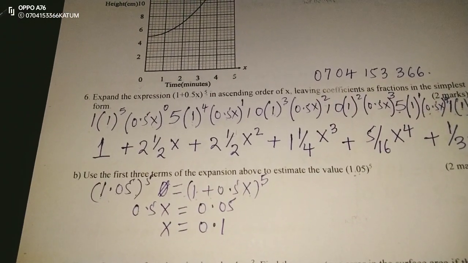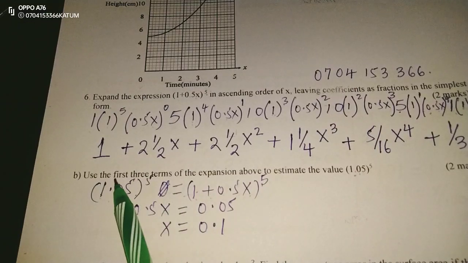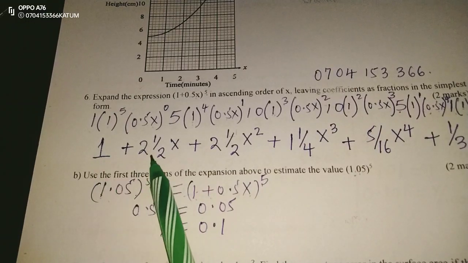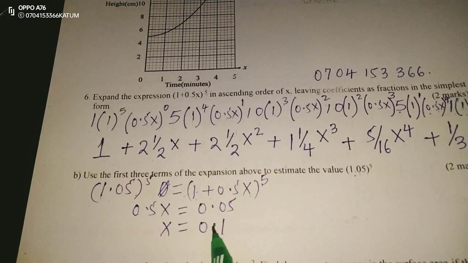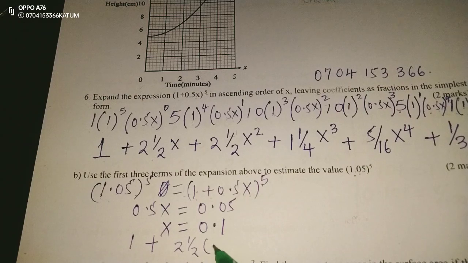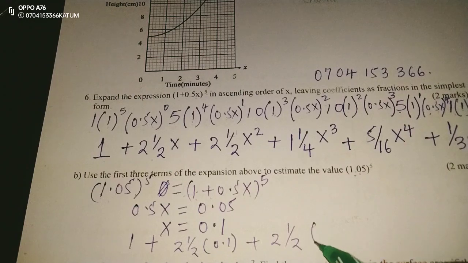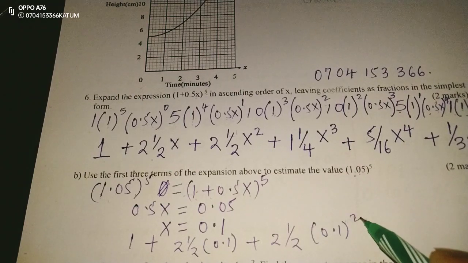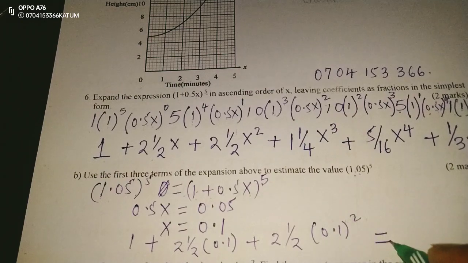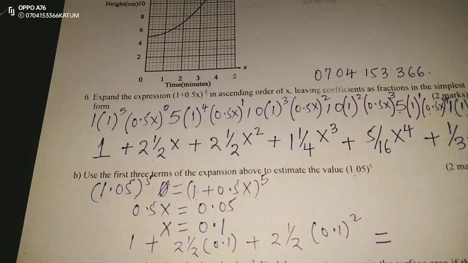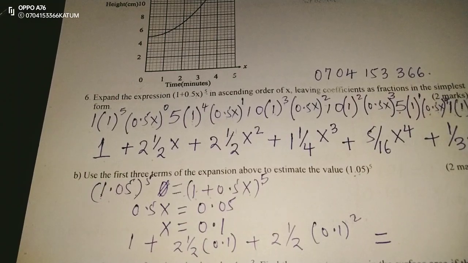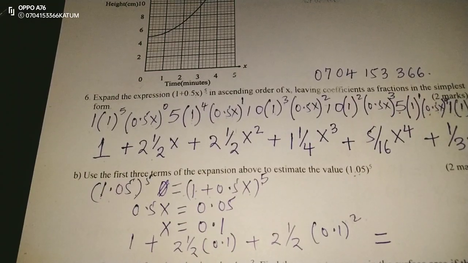Now, after getting the value of x, we are to use the first three terms. So I'll use the first, the second, and the third terms, and where we have x, I will put 0.1. So I will have 1 plus 2.5 times 0.1 plus 2.5 times 0.1 squared.